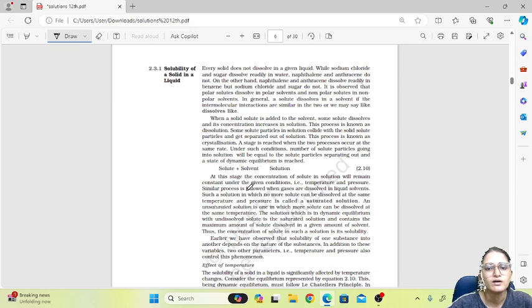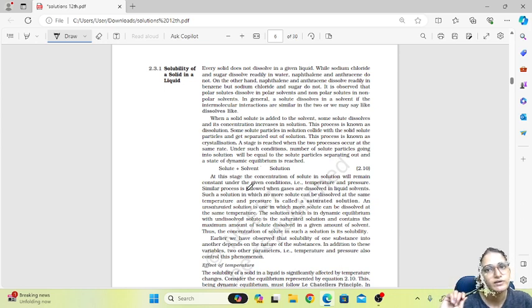Here we need to understand one important term: if you have a polar solvent and a non-polar solvent, then a polar type of component will dissolve in a polar solvent and a non-polar type of component dissolves in a non-polar solvent. This tells us the concept that like dissolves like.